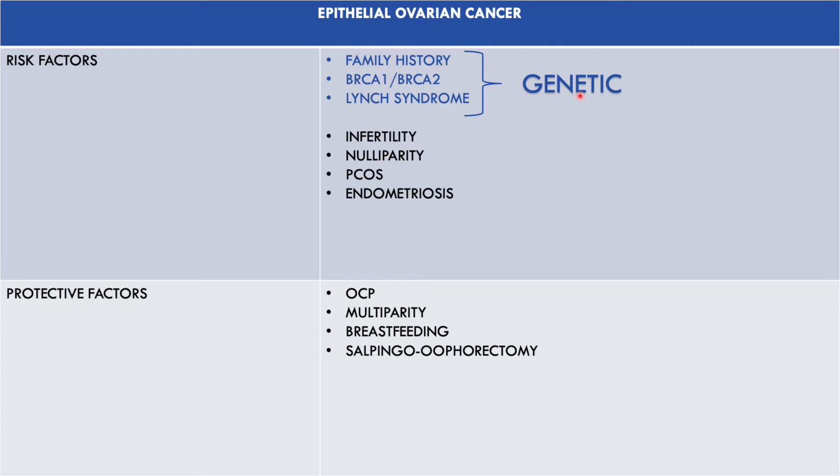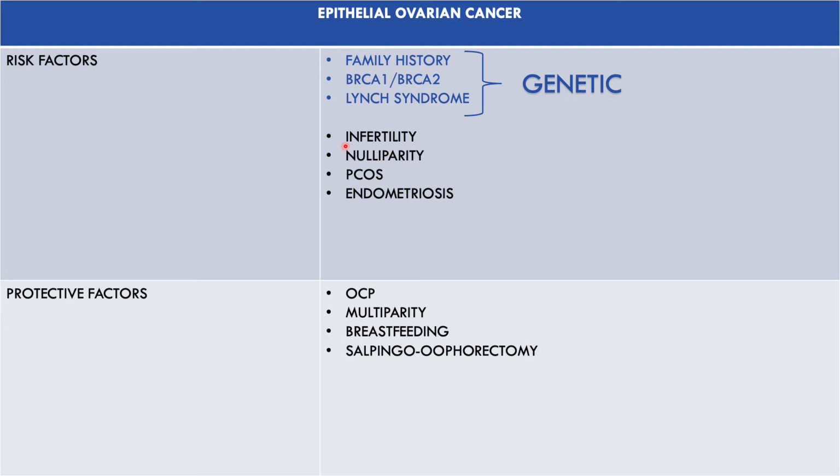And then there are other factors related to the ovary. The more you ovulate, the more the ovulation cycles, the more the damage and repair. The more the damage and repair, the more the probability of genetic damage of the DNA and possible malignant transformation.